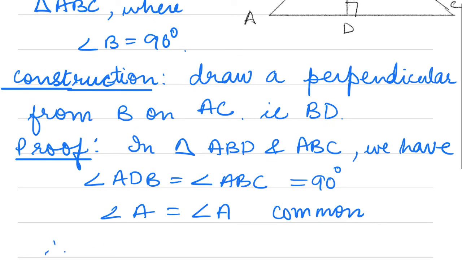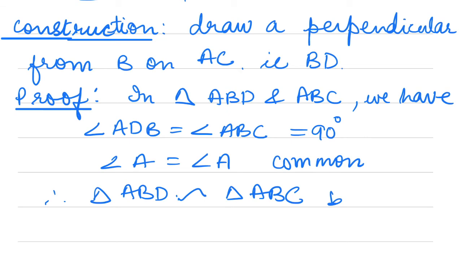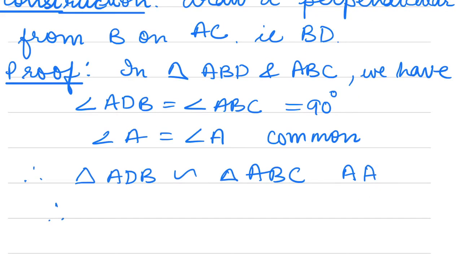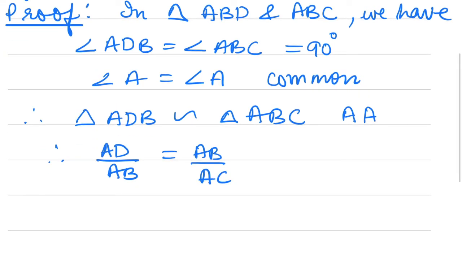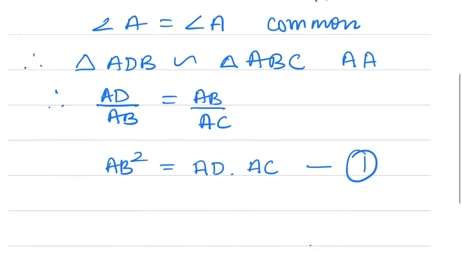So therefore triangle ABD is similar to triangle ABC by AA property of similarity. So we can say that AD by AB is equal to AB by AC, and this would be equal to AB square is equal to AD into AC. So this is the first equation.